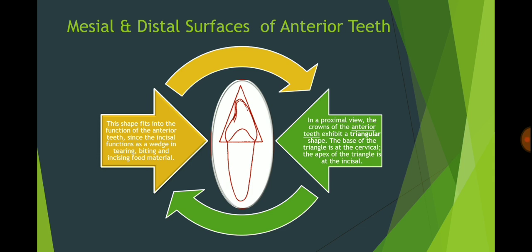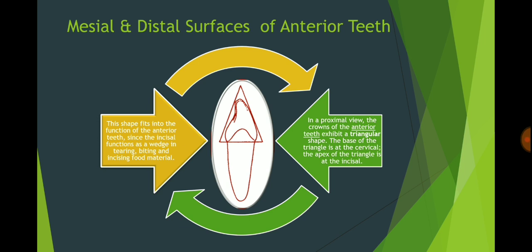Now remember, in the last lecture, when you view the teeth in the lateral view, they form a trapezoid, and the base of the trapezoid is at the incisor. So this is different when you view the anterior teeth in the proximal view. They form a triangle, and the base of the triangle is at the cervical, and the apex of the triangle is at the incisor.